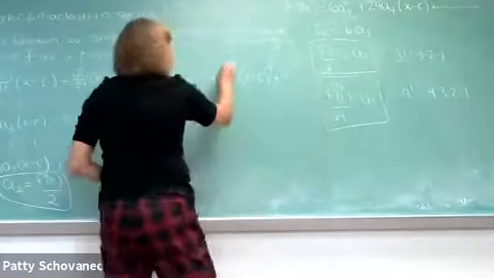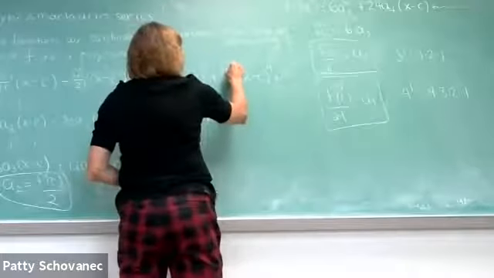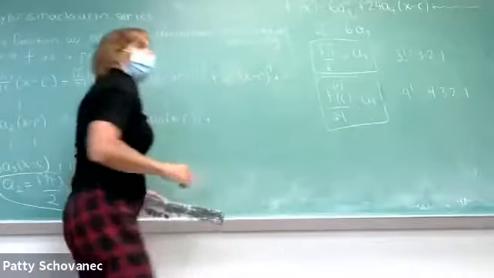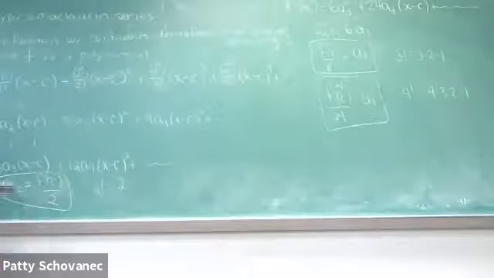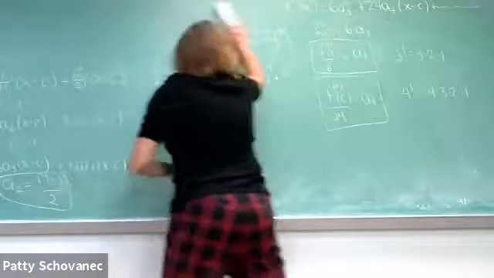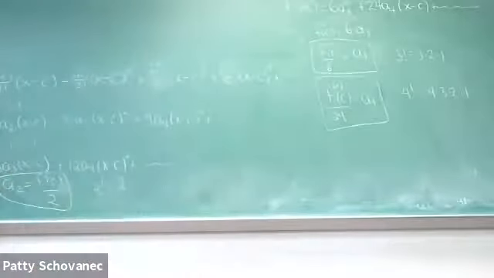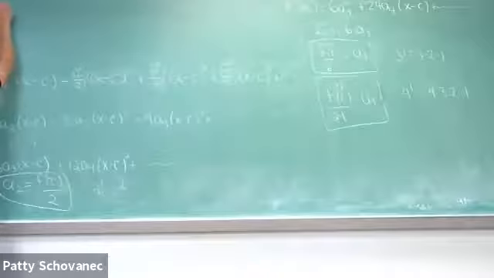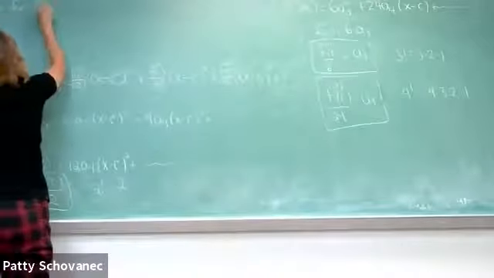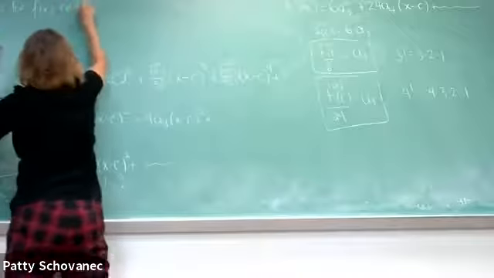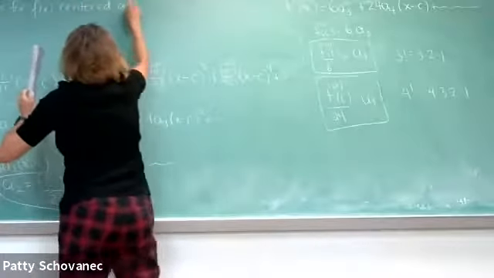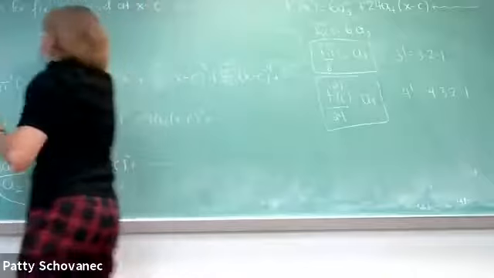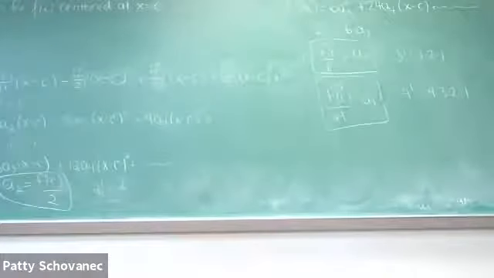And A4 was the fourth derivative of f at c divided by 4 factorial. So in general, the Taylor series for f of x centered at x equal to c is given by that thing that I've just written.